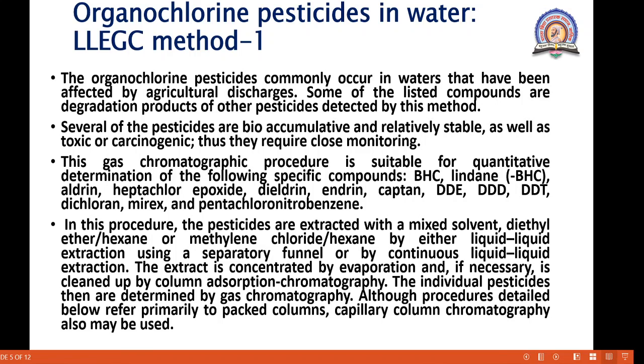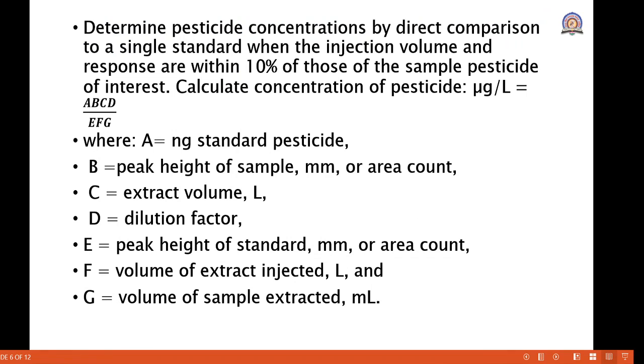The individual pesticides are then determined by gas chromatography, although the procedure detailed below refers primarily to a packed column. Capillary column chromatography may also be used. Here the pesticide concentration is determined by direct comparison to a single standard when the injection volume and the response are within 10% of those of the sample pesticides of interest.